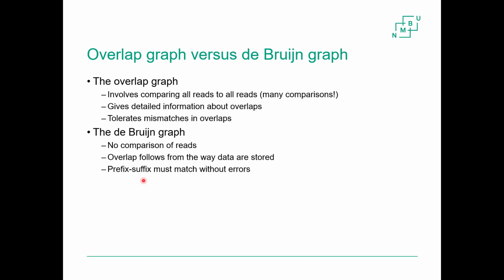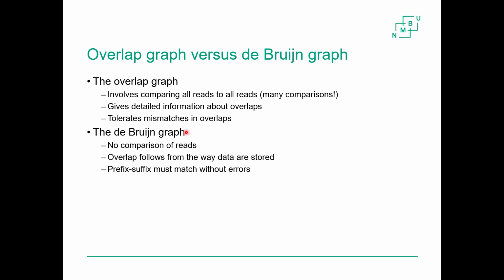So it should perhaps not be a surprise that I already now say that this type of idea is very good for Illumina data, where we have a large number of reads that we don't need to compare, but at the same time they are very precise, right? So we don't have a problem with all these mismatches.